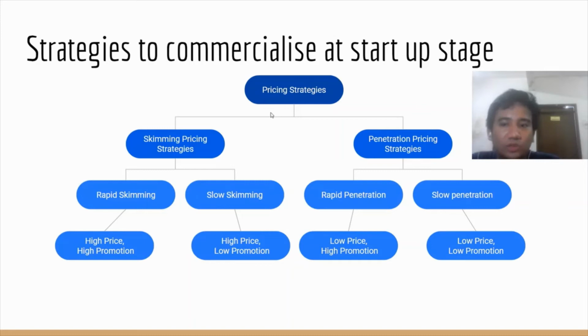It is very useful when you are trying to enter a small market and you need to recover the cost quickly and make a quick profit. There are two types of skimming. The first one is rapid skimming, where you utilize a high price, high promotion.